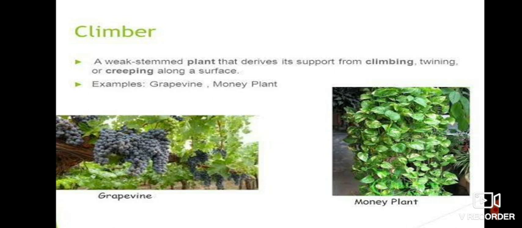So a climber needs support such as a stick or a wall to stand straight. These plants grow upward and they need some support to stand straight, such as money plant or grapevine. You can see the pictures on the screen.